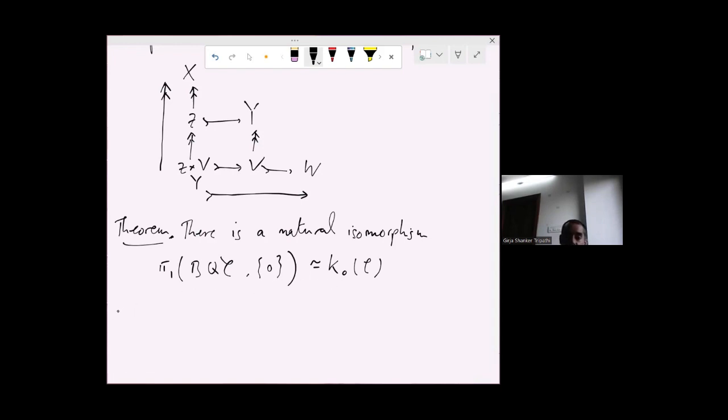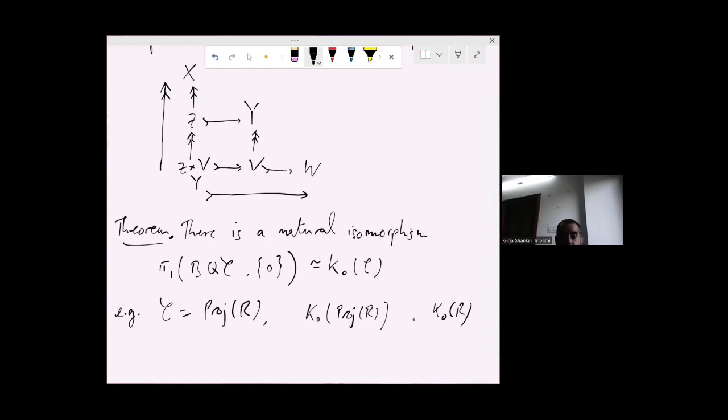So here, for example, if we take C to be proj R, then we have K0 proj R, which is some group, and we have also seen K0R.